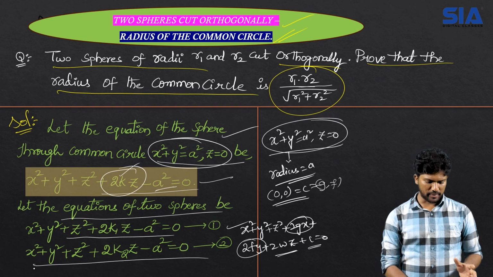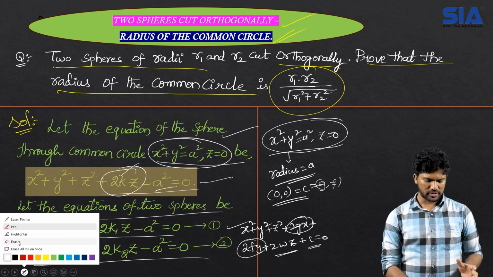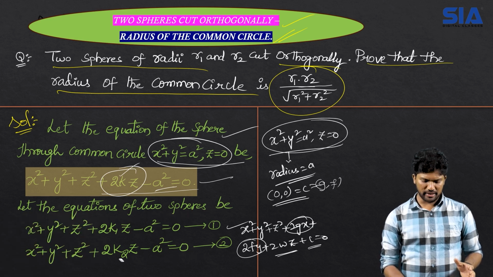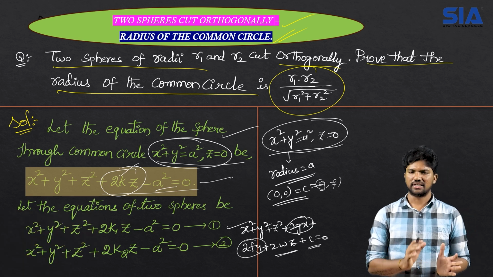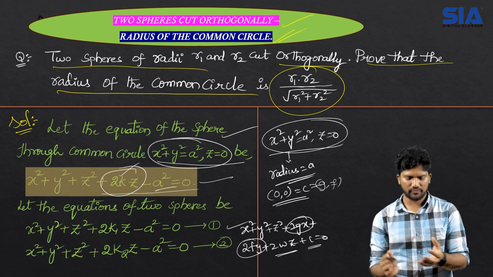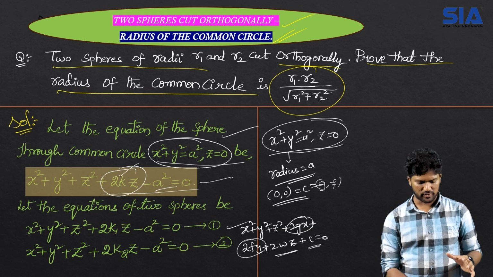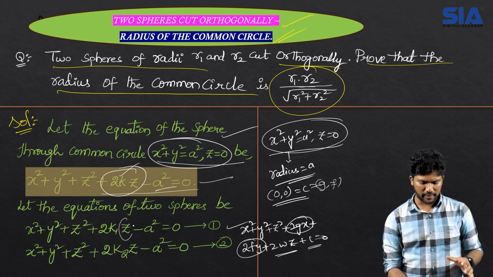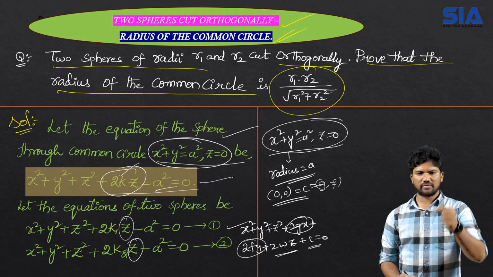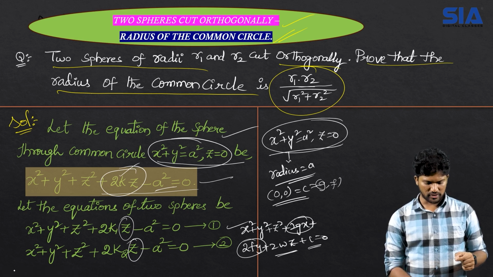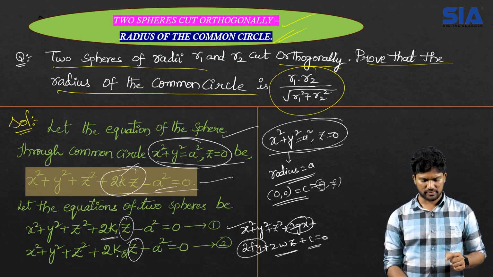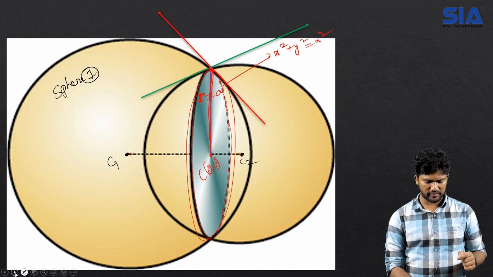If you compare equation number 1 and equation number 2, you can see there are no x and y coefficients, so directly we can write u1 equal to 0 and v1 equal to 0. Now just compare the z coefficients from equations 1 and 2 with the general form. What is the z coefficient in equation number 1? 2 into k1, and 2 into k2 in equation number 2.